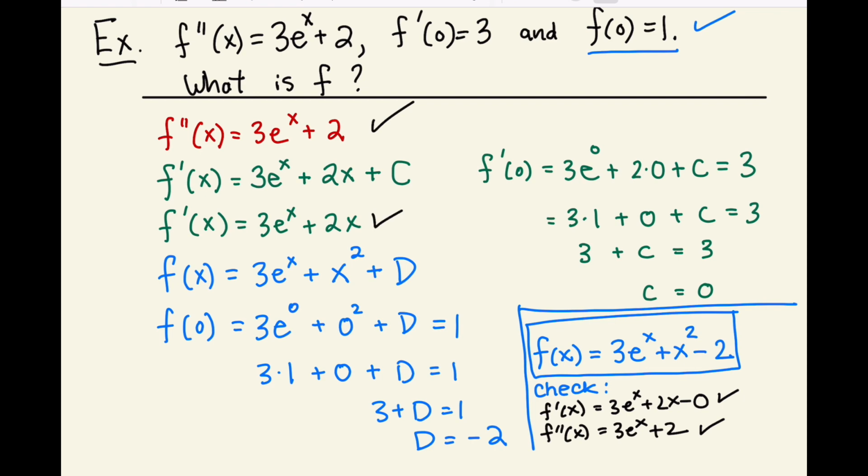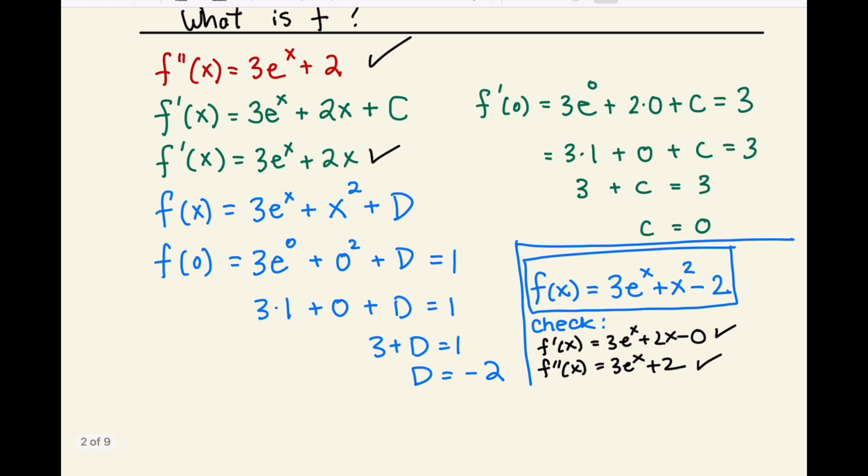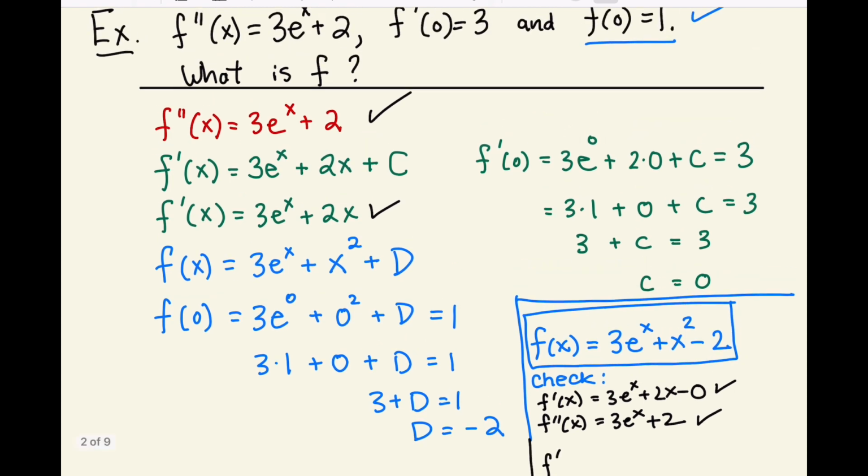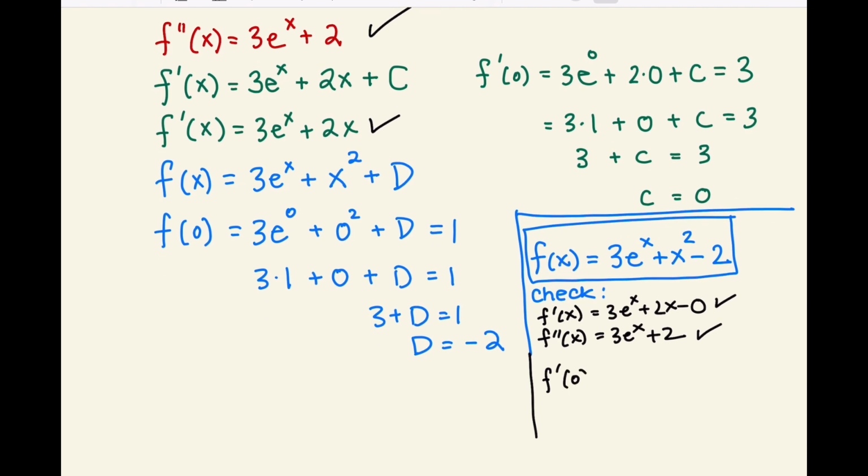And I also want to check, is it true that f prime of 0 was equal to 3? I'm just going to double check. F prime of 0 was 3e to the 0 plus 2 times 0. And was that equal to 3? And indeed, this was 3 times 1 plus 0, and that is equal to 3. So that checked out.